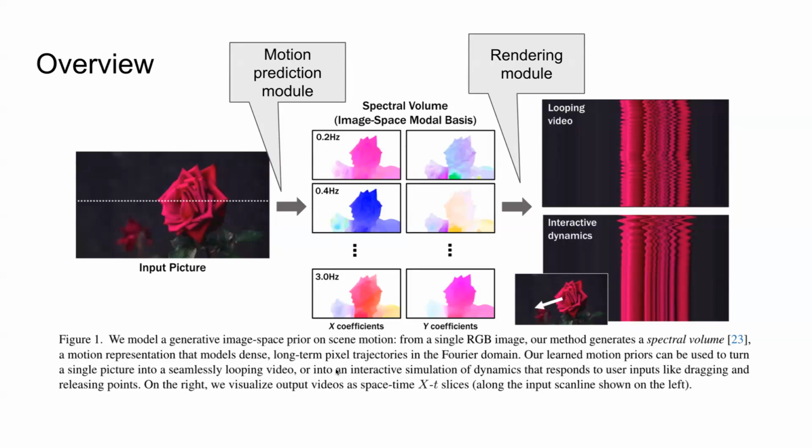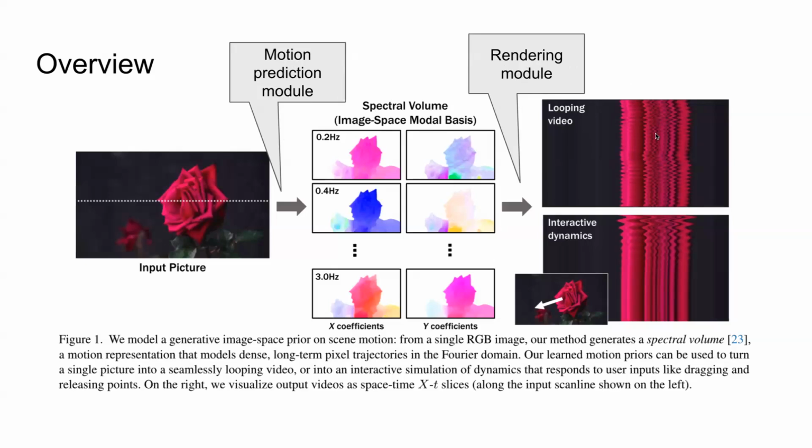That hints that the authors predicted this spectral volume in two directions of the 2D space, the X axis and the Y axis. So that's the first module, the prediction. The second module is the rendering module. It converts the volume, I mean the trajectory of motion, into a video. That's the overall view of the whole architecture.